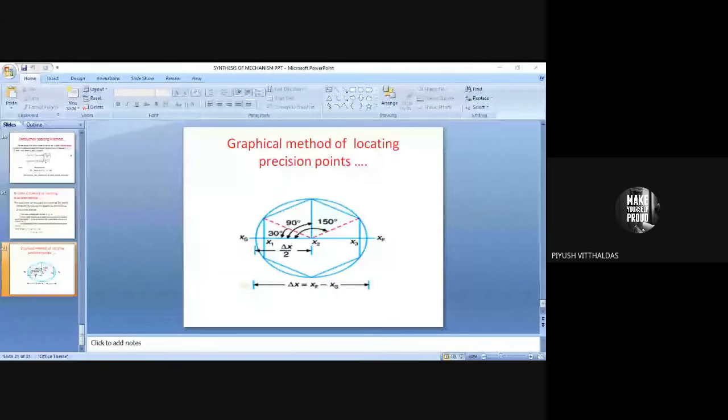Sir, one doubt. Is there any possibility that we will have only precision points? Only precision points means minimal error or no structural error.